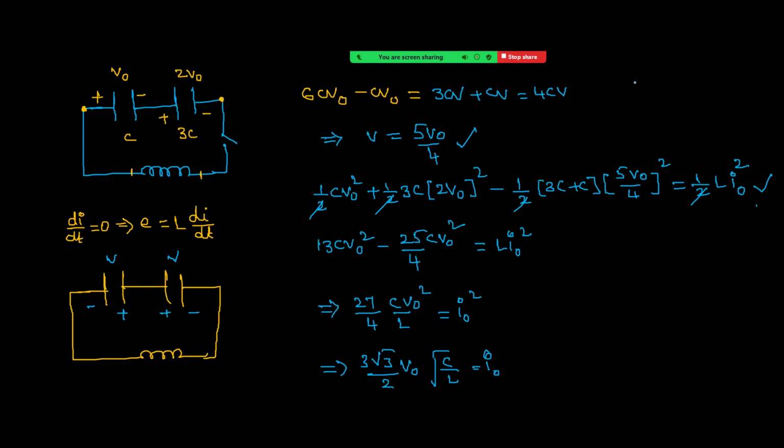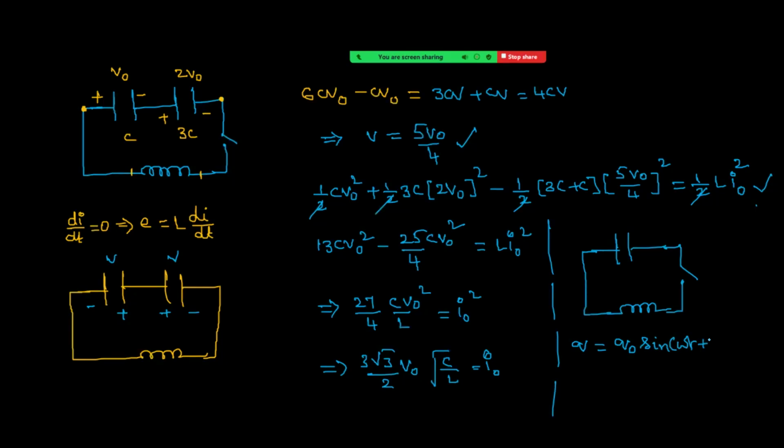Conservation of charge. Suppose, just imagine, you are given only a single capacitor and inductor. Initially, the capacitor was charged. Now asking what is the maximum current or what is the maximum charge. So we got the result Q equal to Q naught sine omega t plus phi. This is one equation.